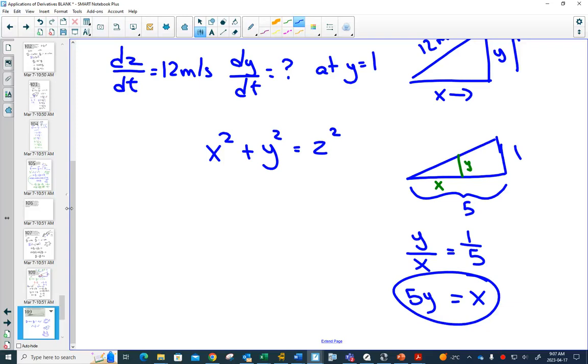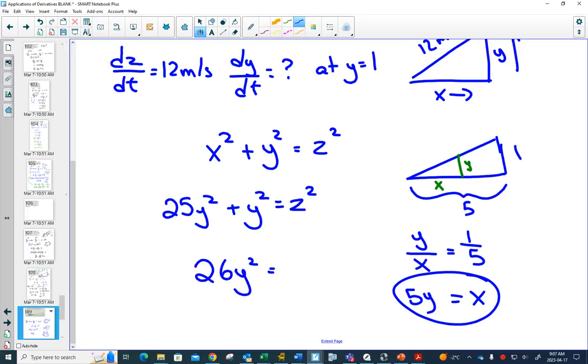So we used right-angled triangles to set up our equation, but we had to use similar triangles to get a relationship, and now I can substitute the 5y in for x, so I have an equation that just has y and z.